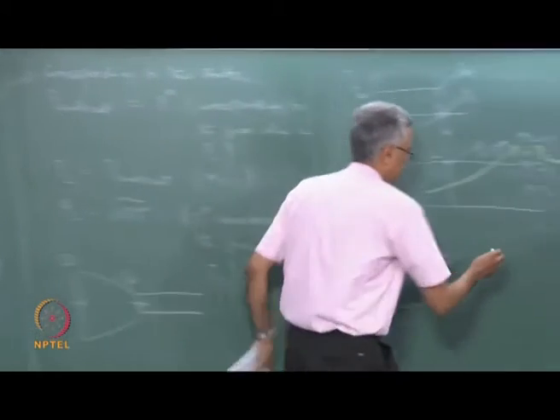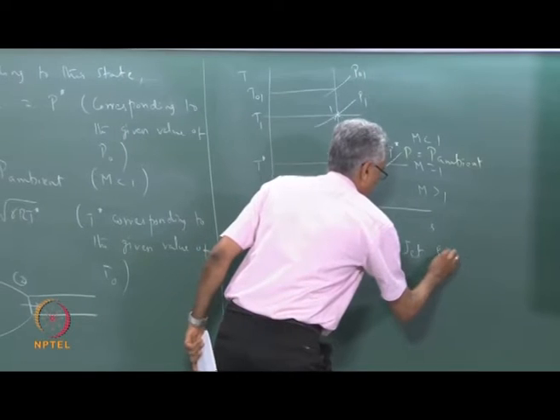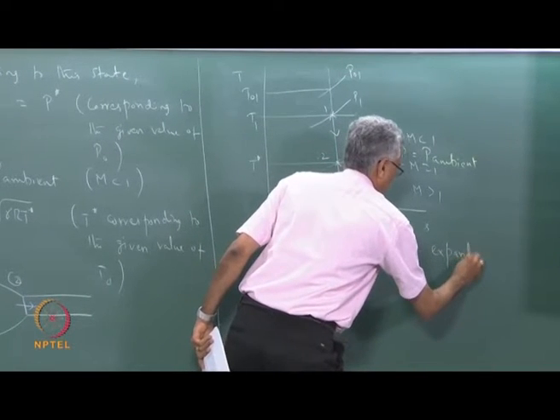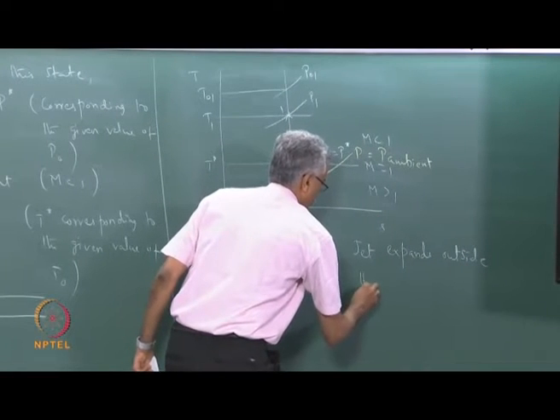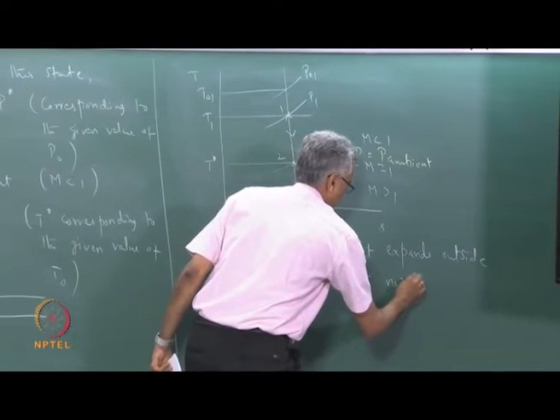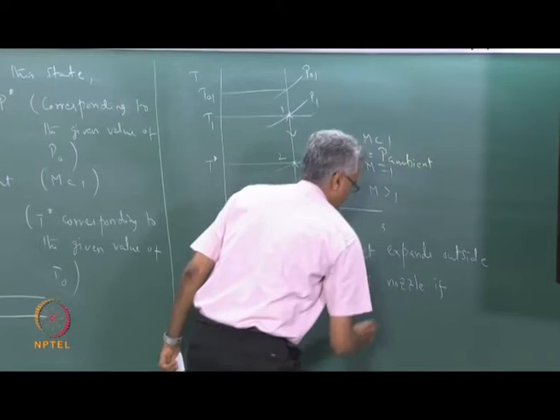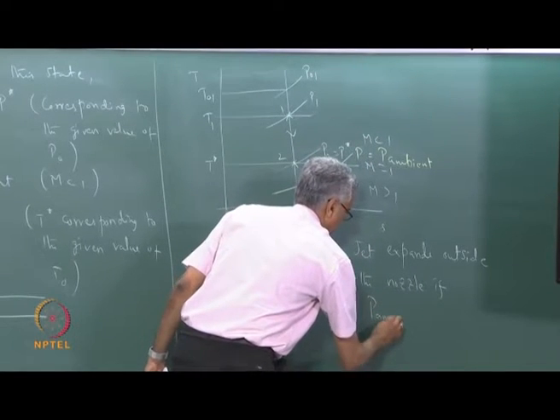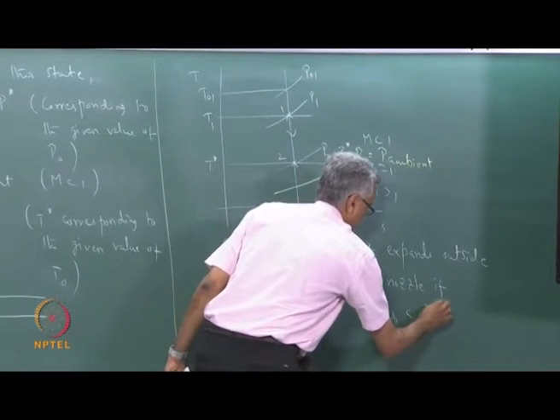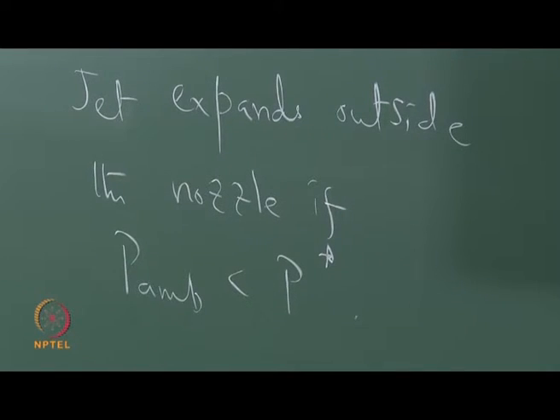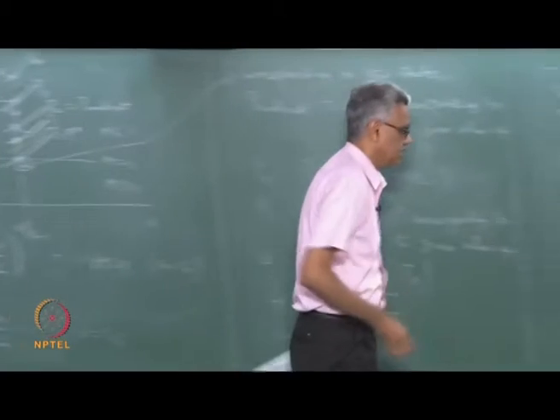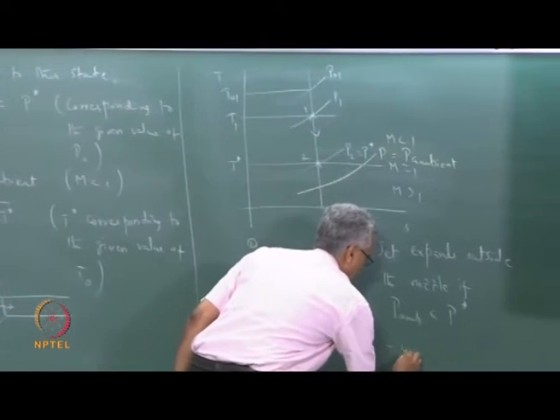So the jet expands outside the nozzle if P ambient is less than P star. In this case the jet is said to be underexpanded.